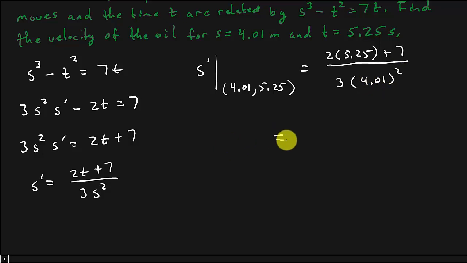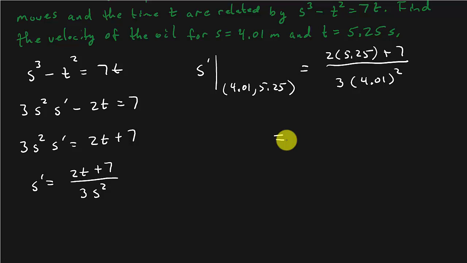And what do I get there? I have no idea, so I've got to punch this into my calculator. Divided by 3 times 4.01 squared.